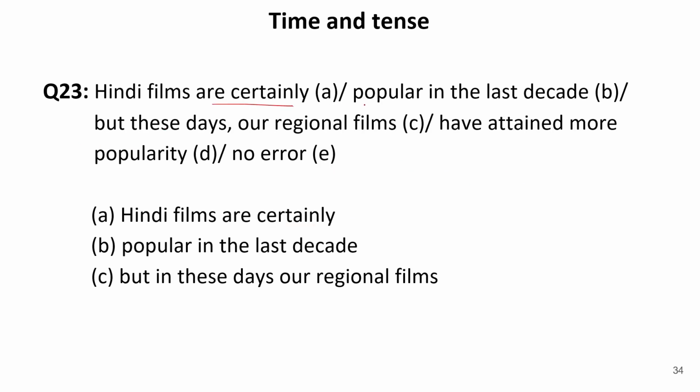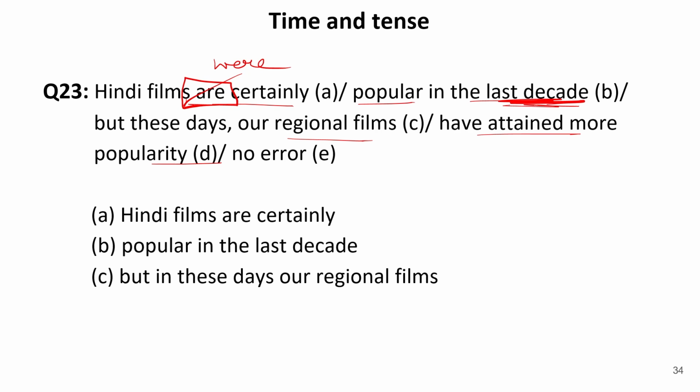Hindi films are certainly popular in the last decade. Now, if it is written last decade, we cannot have are. Are shows present tense, whereas last decade shows the past ten years. Therefore, Hindi films were certainly popular in the last decade, but these days regional films have attained more popularity. Or we can also use Hindi films had been certainly popular in the last decade.